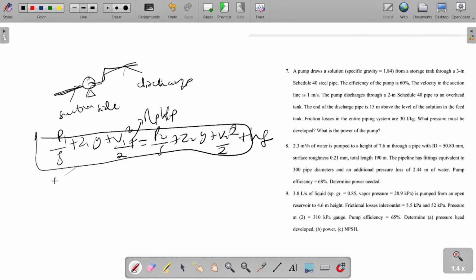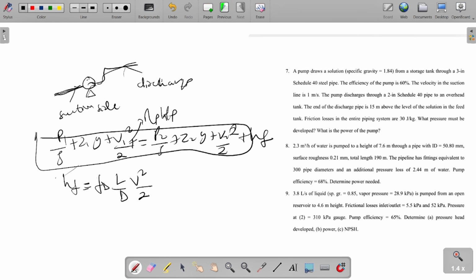If you want to calculate the HF, we use the Darcy-Weisbach equation, where we have FD L over D V squared over 2.